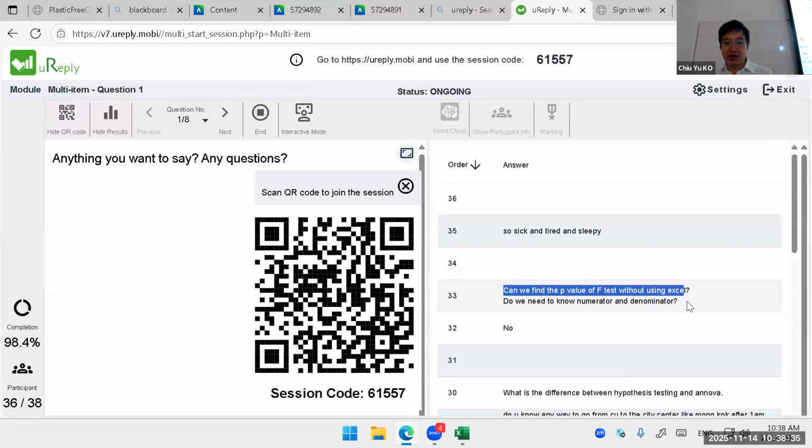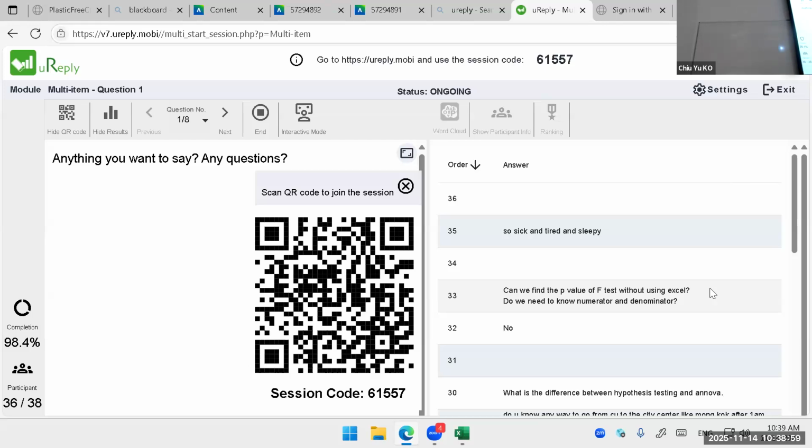Can we find the p-value without Excel? No, there's no way to do it, unless you print a very huge, telephone-book style F table, then you can find it. Do we need to know the numerator? Yeah, you need to know it, because for the F test, it depends on the degrees of freedom of the numerator and denominator.